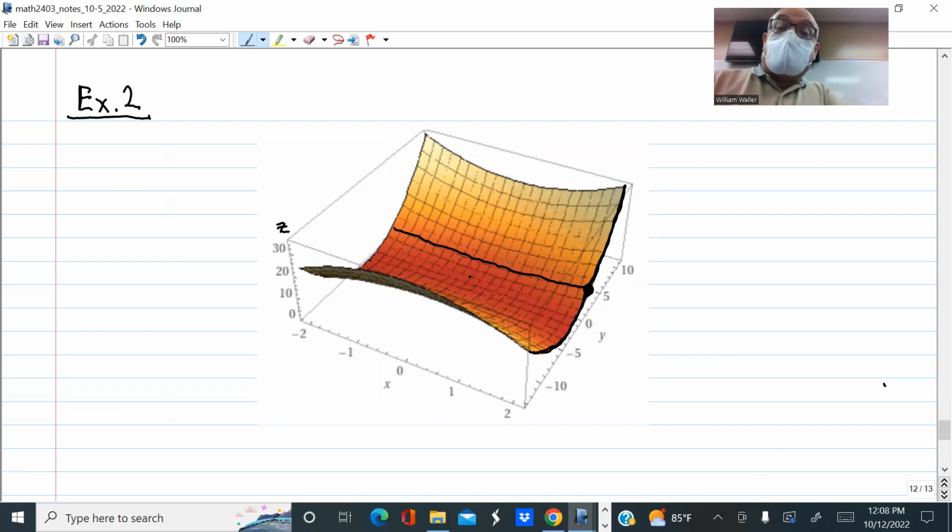So from a particular point on the surface, you know how to find the slope of the surface parallel to the y-axis, and the slope of the surface parallel to the x-axis.